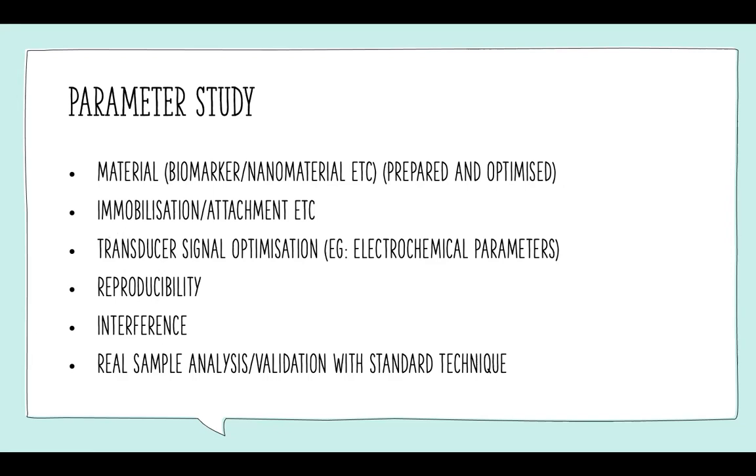If it is optical, you have to study the lambda, and also whatever affects the optical properties. So this is the third thing we need to do in the development of sensors.